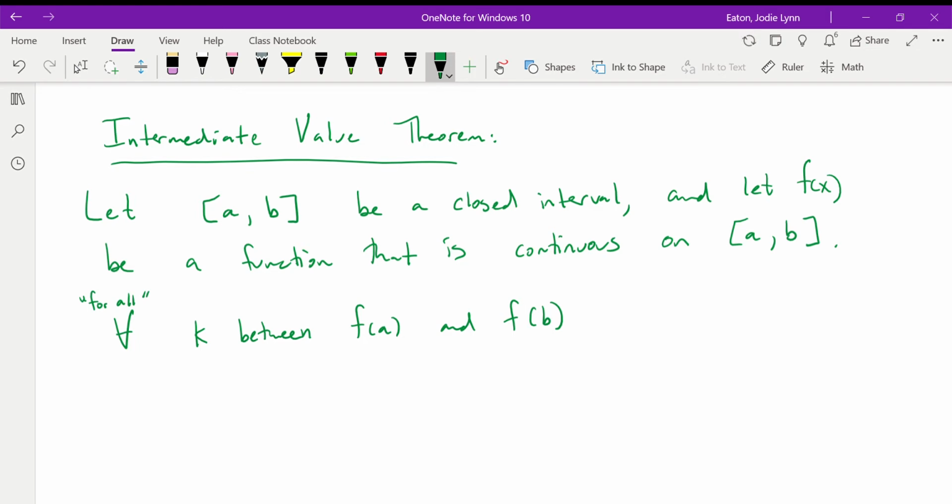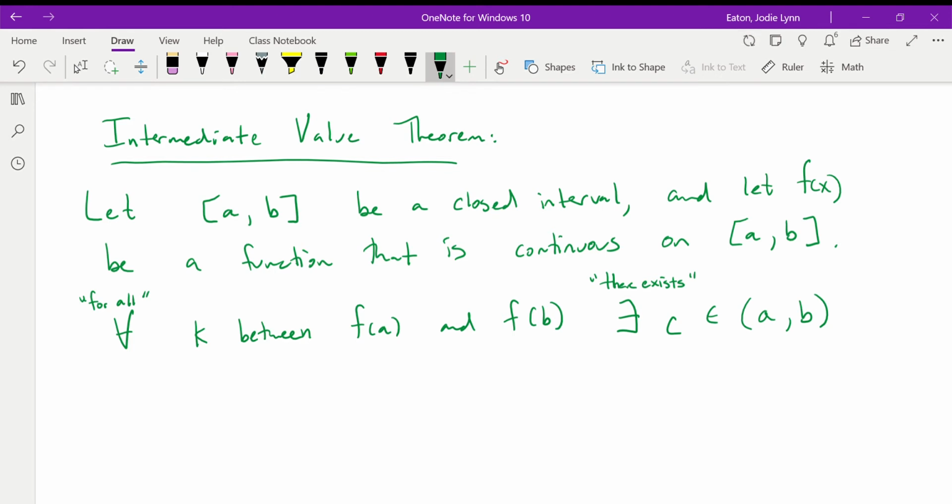So if k is between f of a and f of b, there exists, our backwards E, a c that is an element of the open interval bounded by a and b.